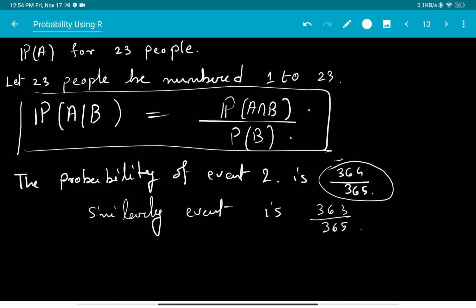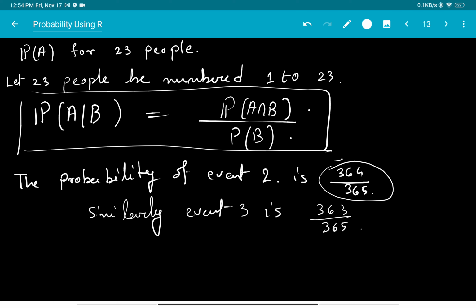Similarly, the probability of event 3 given that event 2 occurred is 363 over 365, as person 3 may have any of the birthdays not already taken by person 1 and 2.